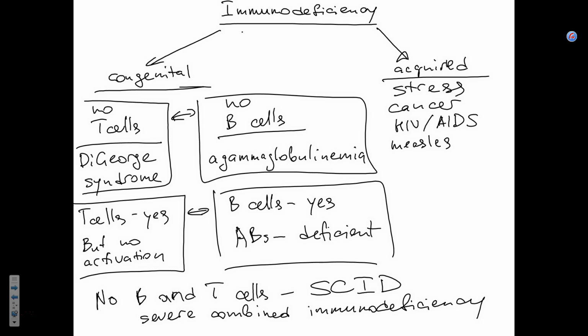SCID usually is a SCID. These people have to live in sterile conditions. I know about 2 cases, probably there are more. 2 boys that were born with this condition. They both started living in pretty much sterile environment. The food was specially treated, sterilized.